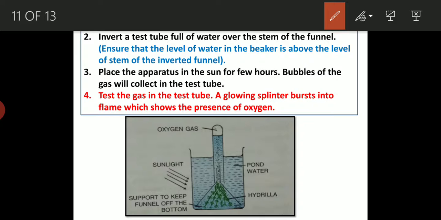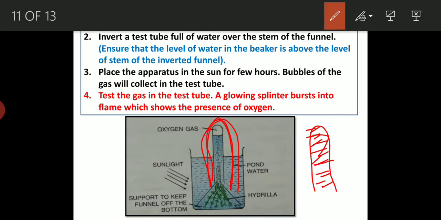Now we will insert a test tube on that funnel, which also contains water. Initially, the test tube will totally contain water, pond water, okay? And this is the afterward result. And we need to ensure that the level of the water in the beaker is above the level of the stem of the inverted funnel.